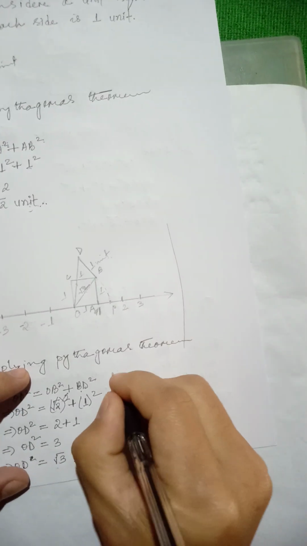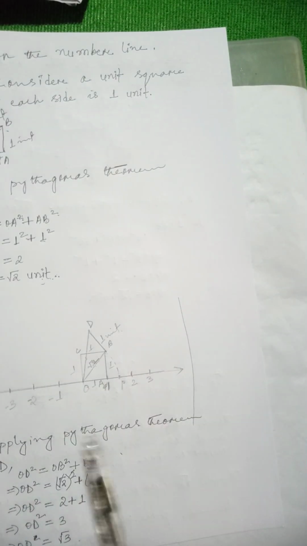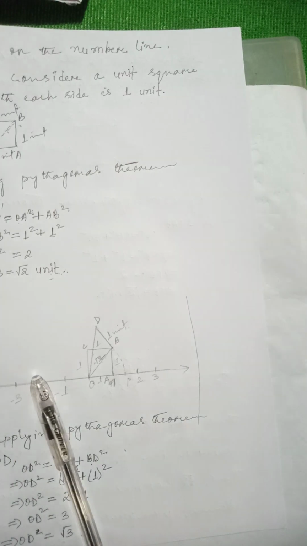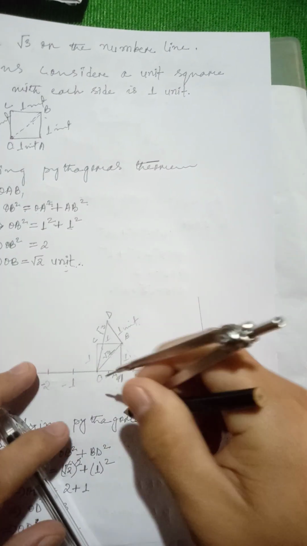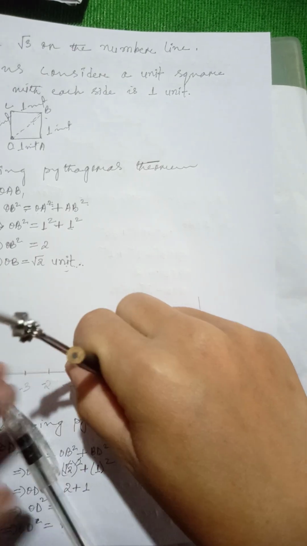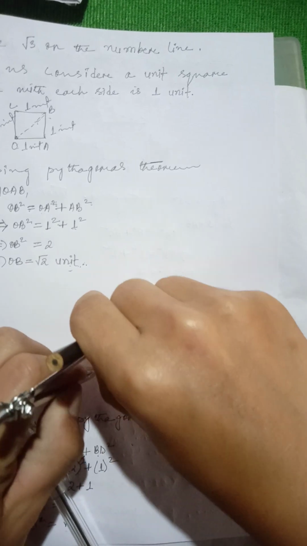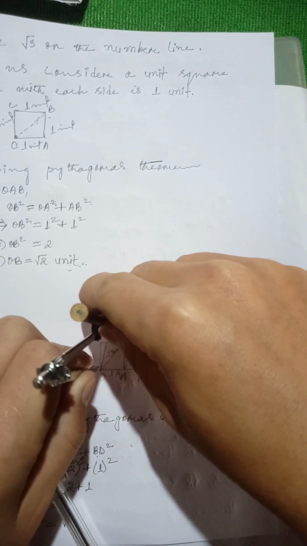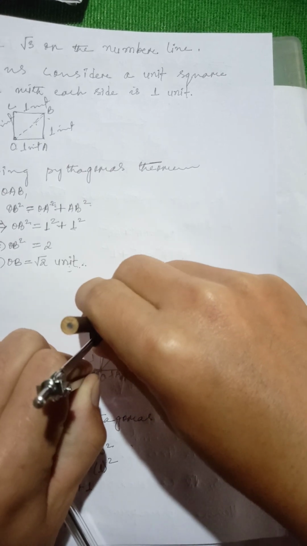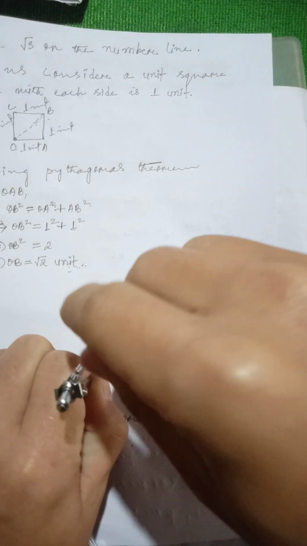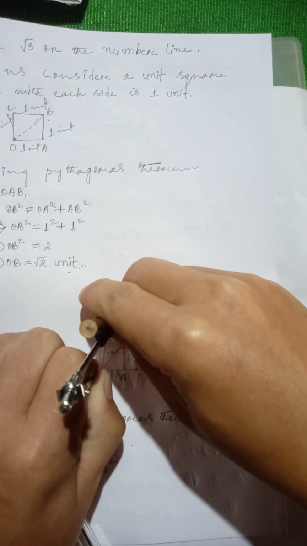So you have to write here how you drew this. From that we got OD as root 3. Now you have to represent this root 3 on the number line. In order to do that, you have to draw an arc. After drawing the arc, the arc will intersect the number line.